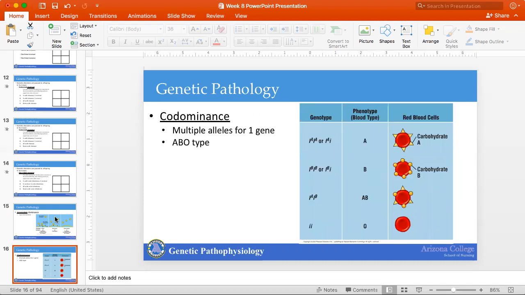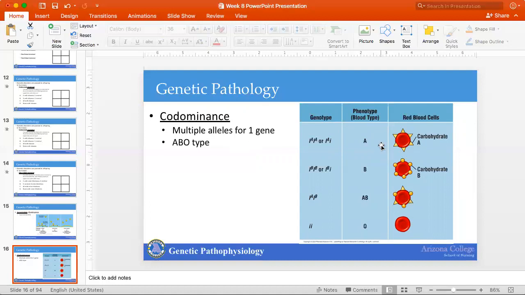Codominance. Codominance means that you have two particular, in this case, it's showing antigens or these surface proteins on red blood cells, in which you have multiple alleles for one gene, but neither one is recessive to the other one. So if you think about your own blood type, they fall into four main categories that we typically categorize them in.